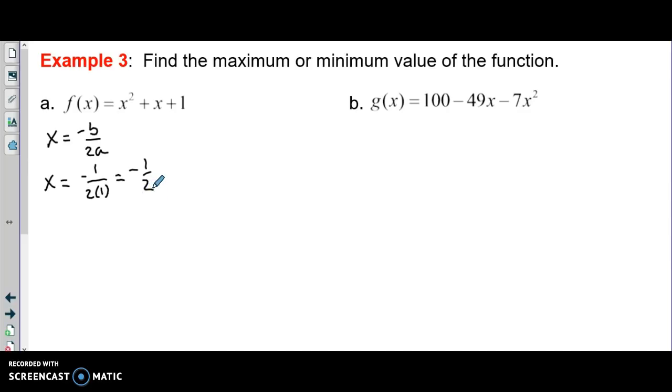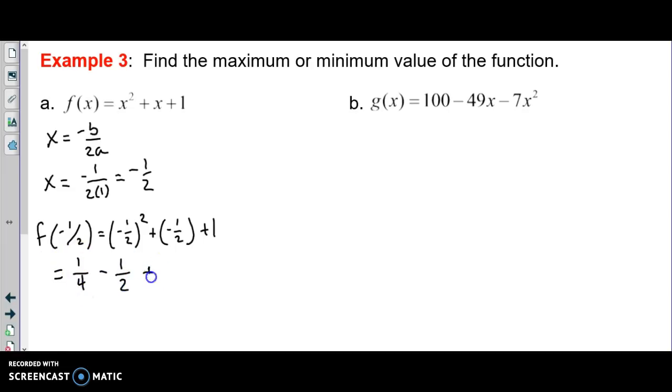Then I'm going to take this value and plug it into my function. So I'd get f of negative 1/2 equals negative a half squared plus negative a half plus 1. That gives me a fourth minus a half plus 1, which equals 3 over 4.